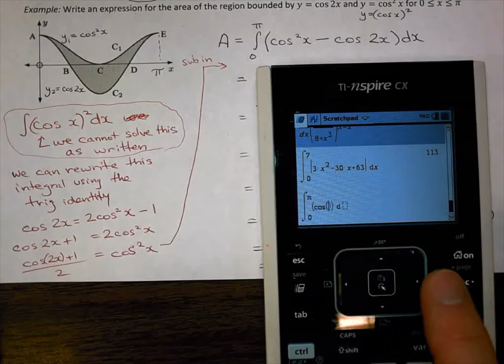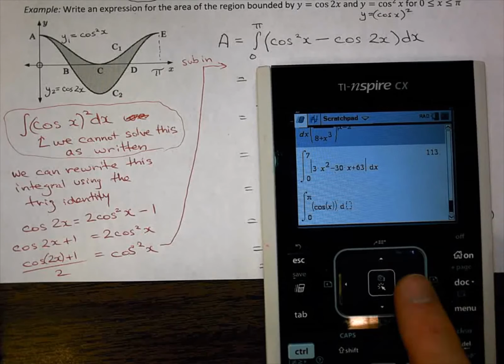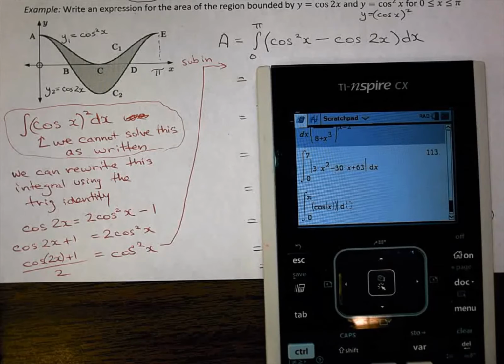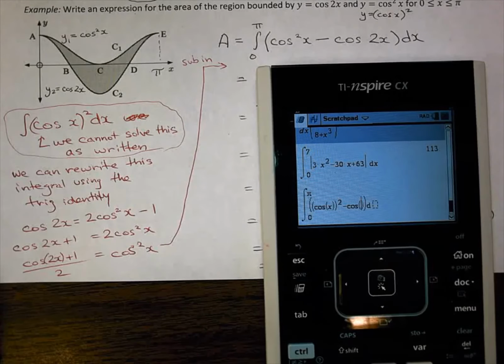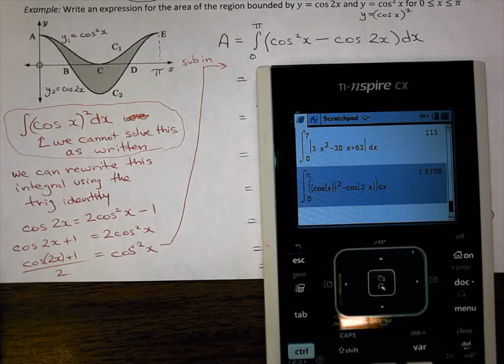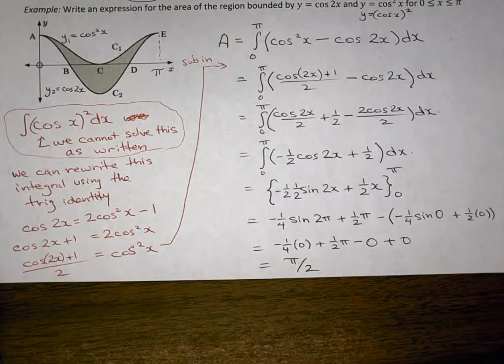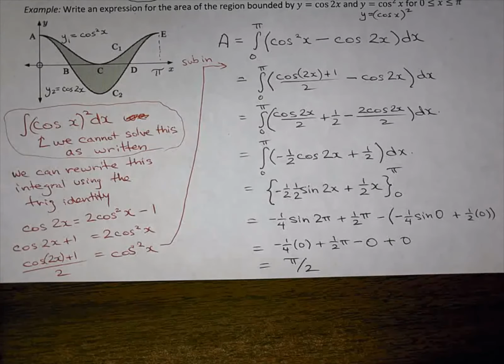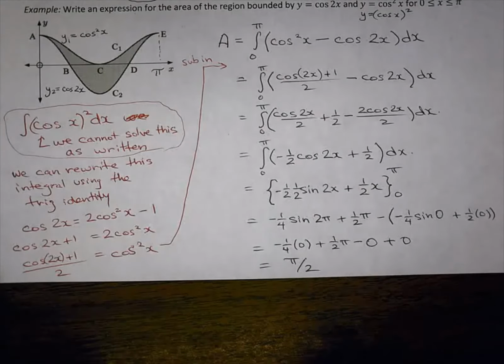So cos x bracket squared minus cos 2x dx. And there we get an answer of 1.5708, which is pi divided by 2. So 2 different solution methods, but this would be a tougher integral, but it's definitely still possible to calculate.